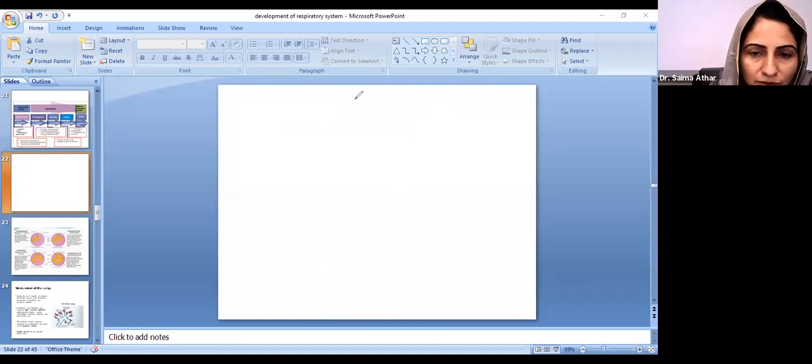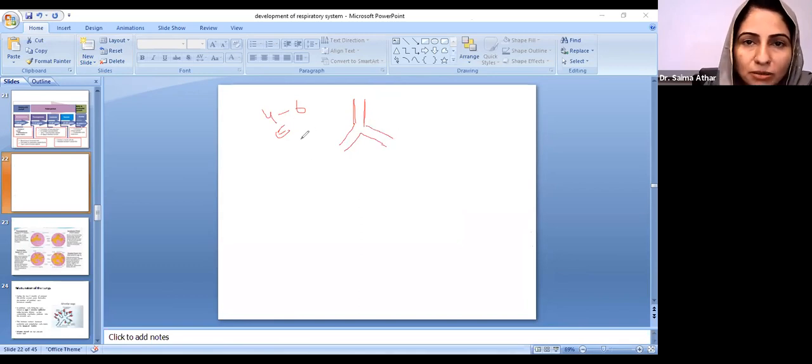The first, embryonic period is from the fourth week to the sixth week. During this period, there is only development of the tracheal bud, which divides into two lung buds. This is known as the embryonic period.